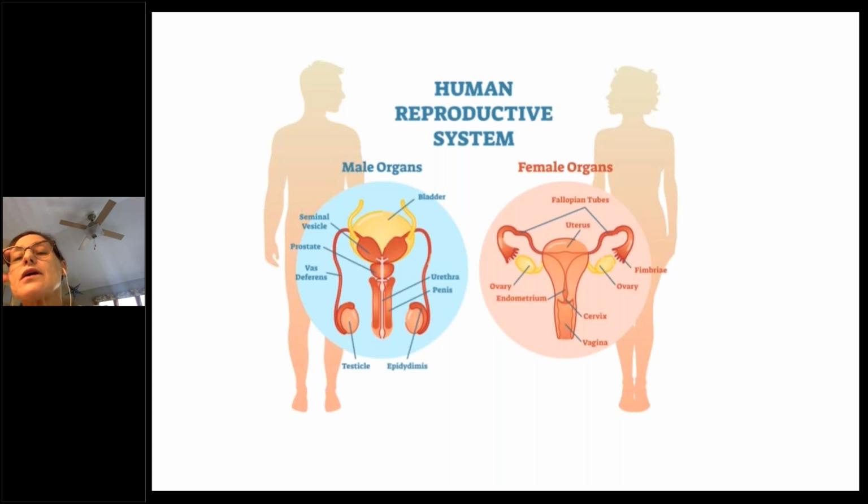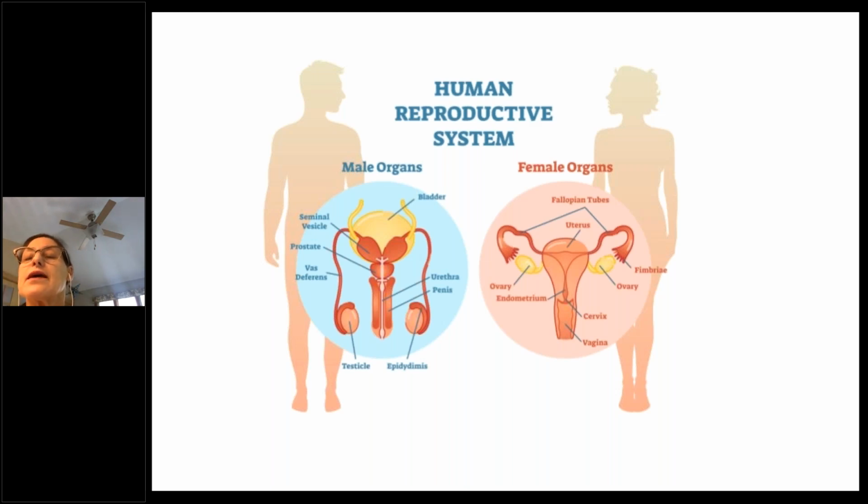When the sperm is released from the testes, it passes up the vas deferens. The seminal vesicle adds fluid, semen, and then the semen and the sperm pass out through the urethra, which is in the penis, and then out the body.